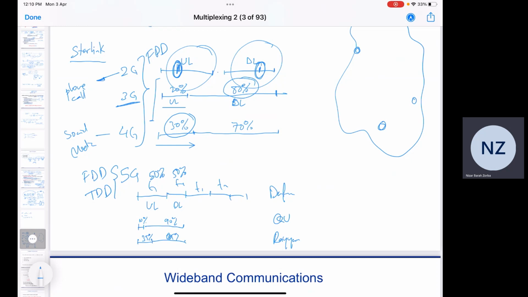So what do you think their usage will be? They will be only making phone calls? They will be only making downloads? 50-50? No. More download than upload. Who's calling? You are right. I should be fired then. Okay, good.